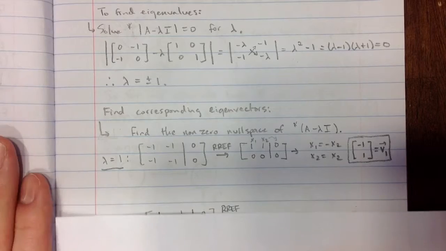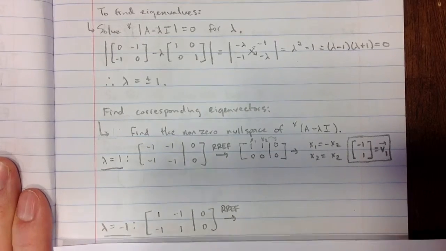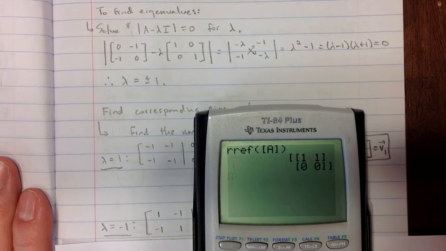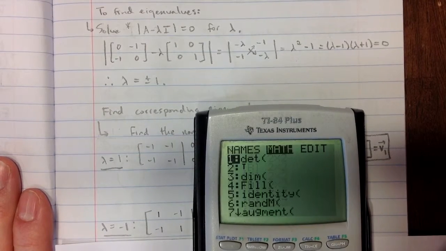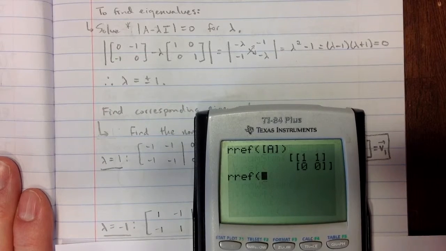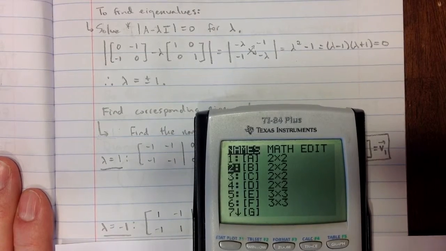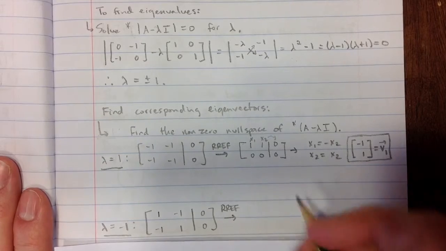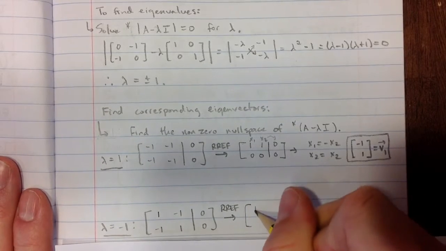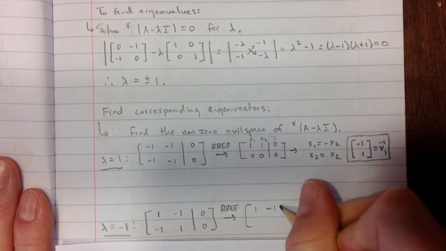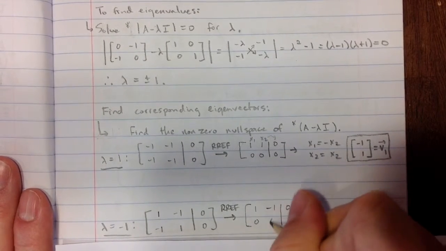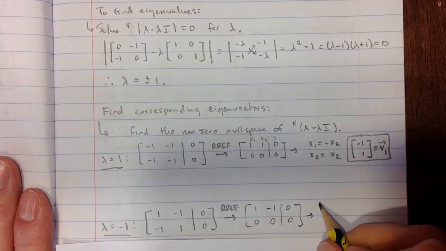Alright, now we'll find the one corresponding to negative 1, and that is stored in my matrix B, so I'm going to go back to second matrix, RREF, second matrix, B. For this one I get 1, negative 1, 0, 0. It may be obvious to you what your eigenvectors will be, and if it is, especially for these 2 by 2s, you can go ahead and solve them that way.